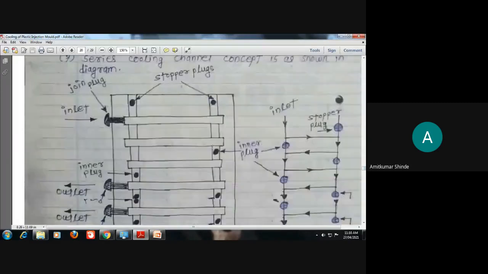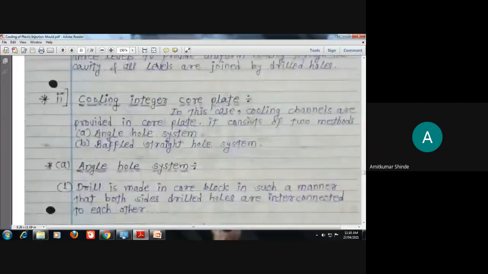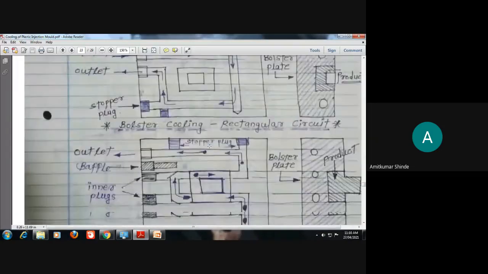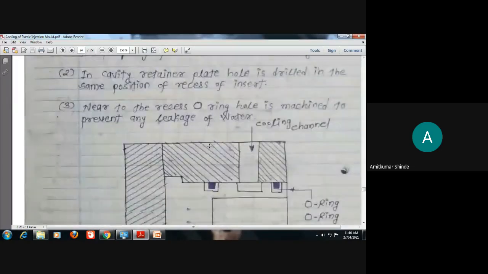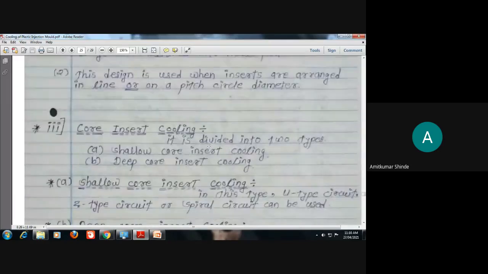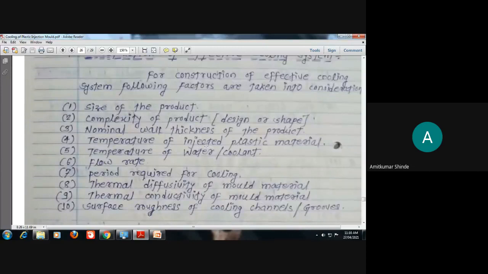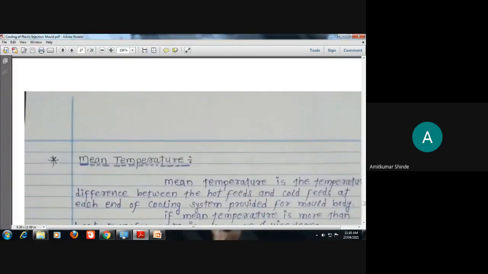This part we already completed in the previous session. These are the notes of the 7th chapter. I will update them in the study material sheet after completing this chapter.